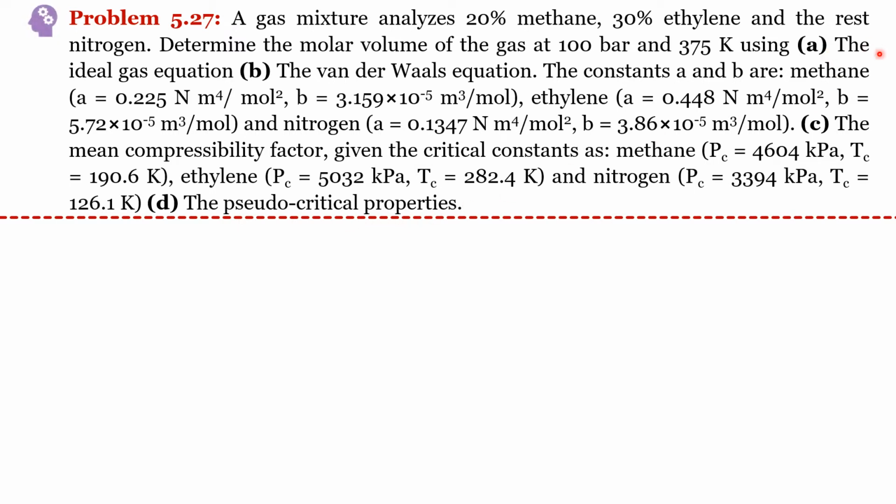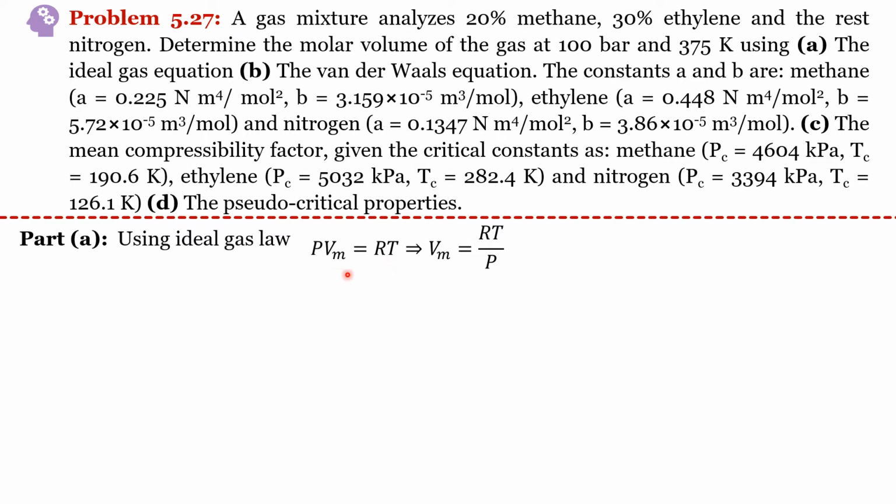So part A is very easy. First we will use the ideal gas equation. Using the ideal gas equation, we can write PV equal to nRT, and in terms of molar volume we can write P Vm equal to RT.